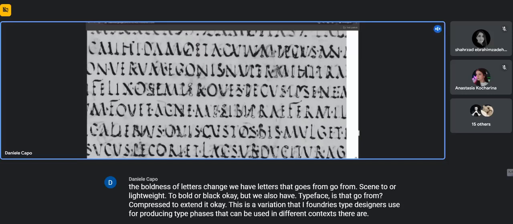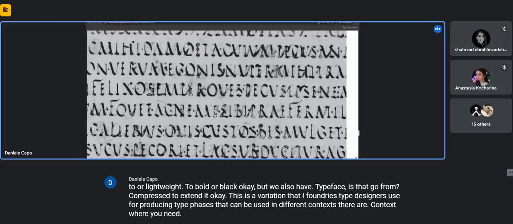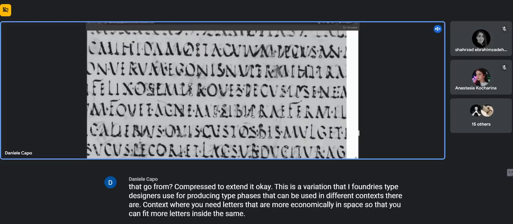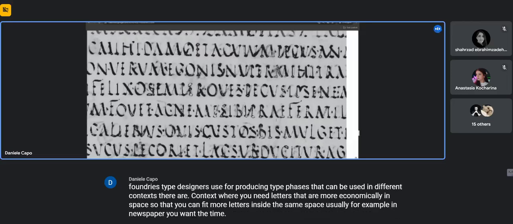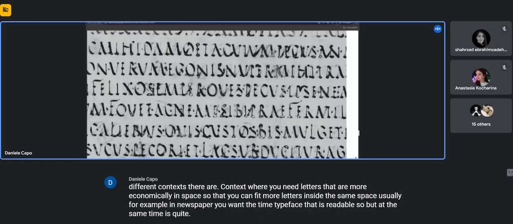There are contexts where you need letters that are more economical in space, so that you can fit more letters inside the same space. Usually, for example, in newspaper, you want a typeface that is readable, but at the same time is quite economical in terms of space. You need to optimize your space.